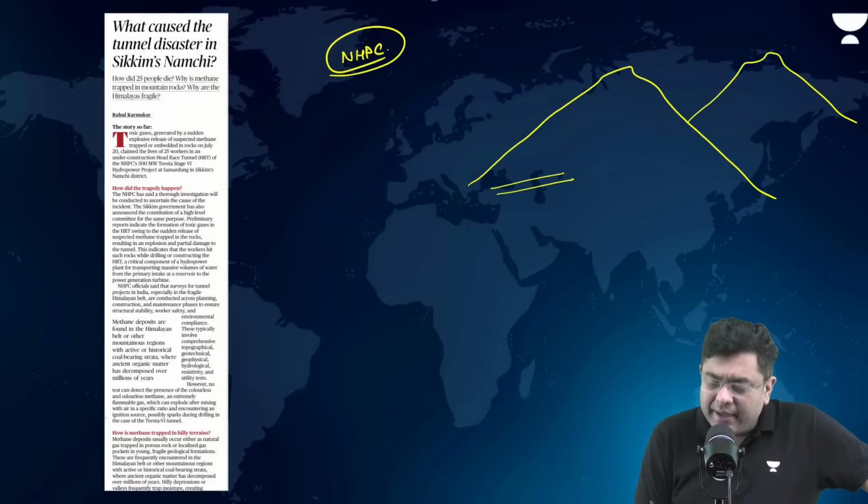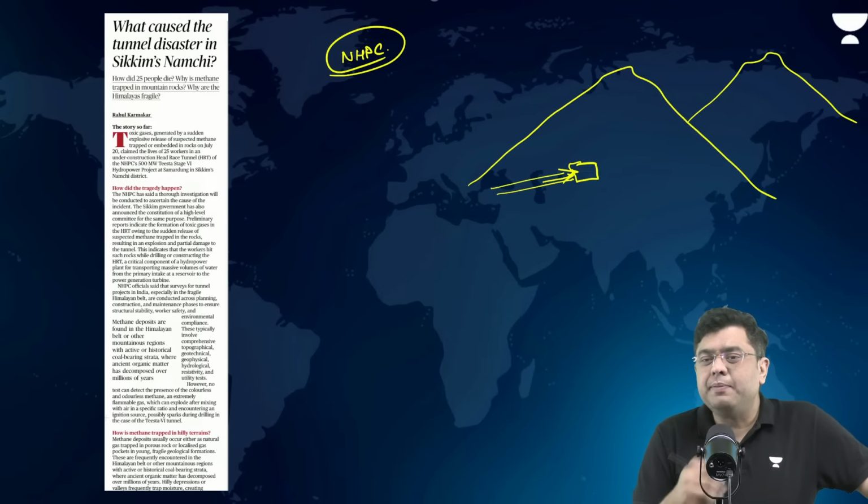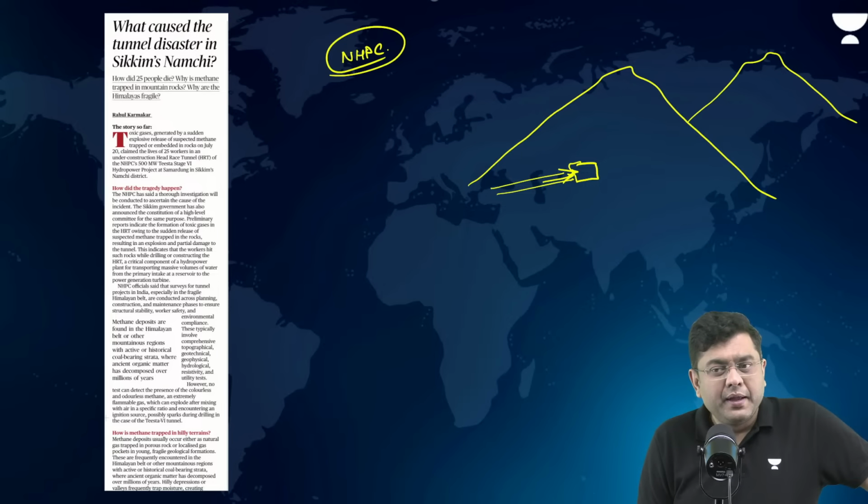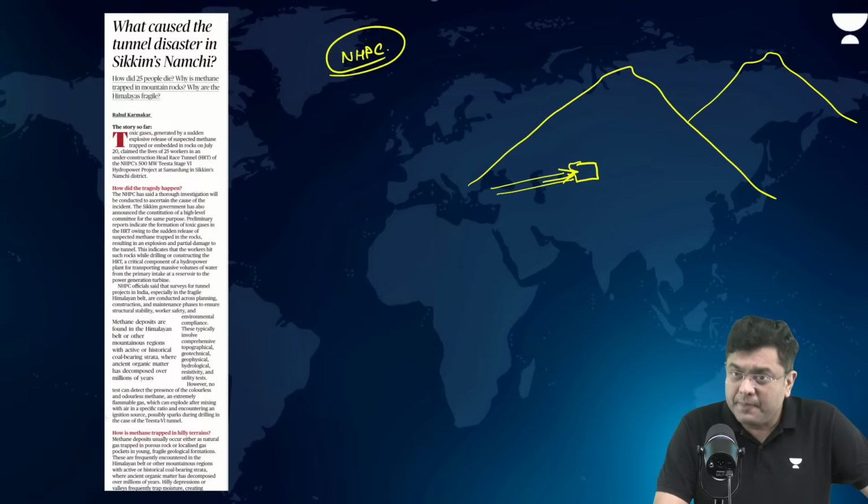Now, when this tunnel was being dug, at that point of time, there was a methane packet, right, embedded within the rocks. And this is basically where the workers hit that methane packet. It led to an explosion. Why? Methane is inflammable.